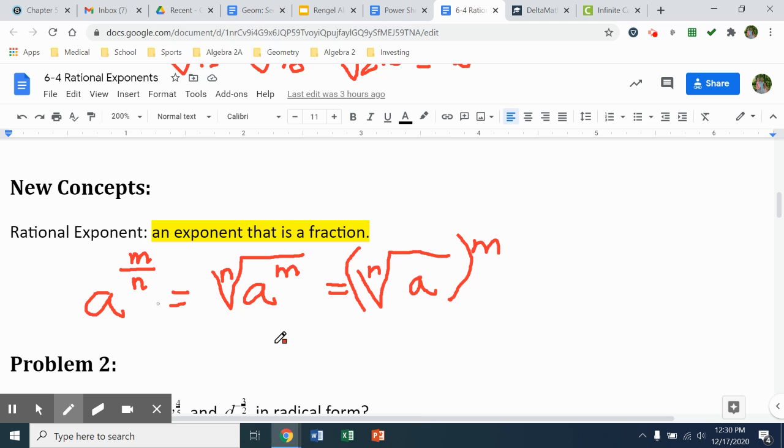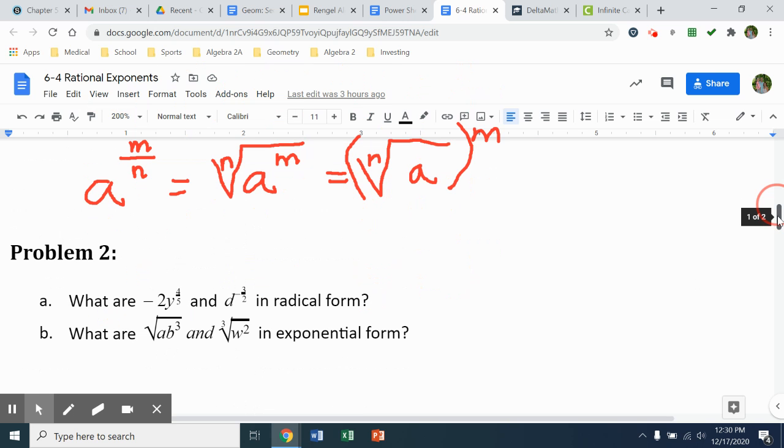So if you wanted to do the power first under here and then do the root, you could do it that way, or you could do the root first and then raise it to that power. And I will show you variations of that and how you can do that when we get into the delta math especially. So we'll use that rule then to start looking at problem 2.